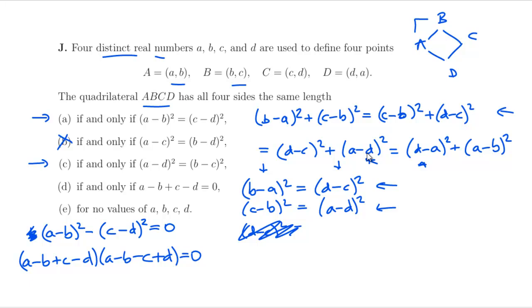Okay. And we could do the same thing for the other one. Do we care about the other one? Well, let's put them in order again. So (b minus c plus a minus d)(b minus c minus a plus d) is equal to 0.